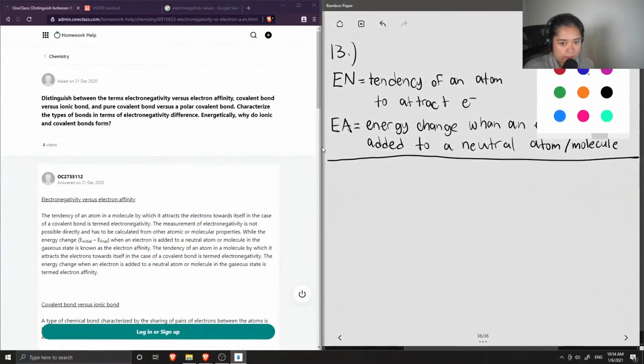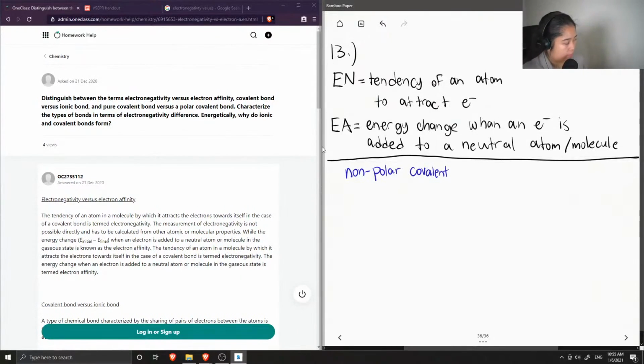And now for the second part of the question, we need to distinguish covalent versus ionic bonds. So first, I'll just define all the different bonds. So you can have nonpolar covalent bonds, which is when two atoms have equal or similar electronegativity values.